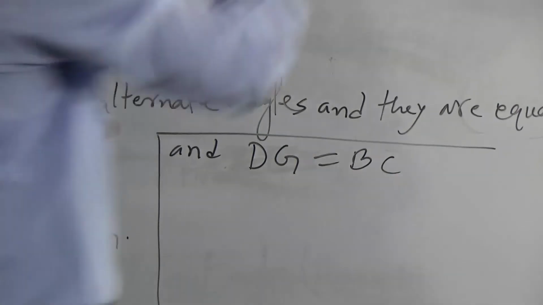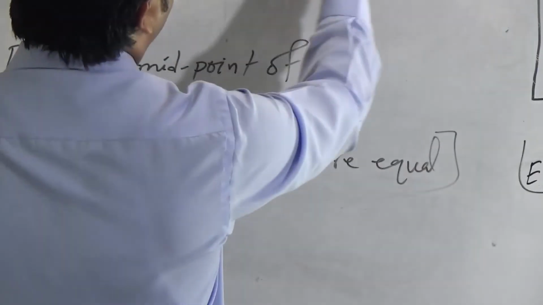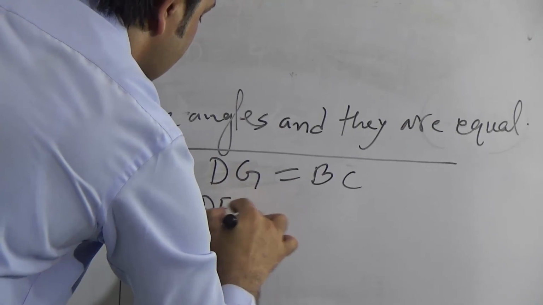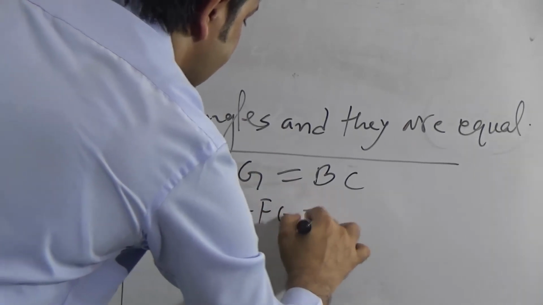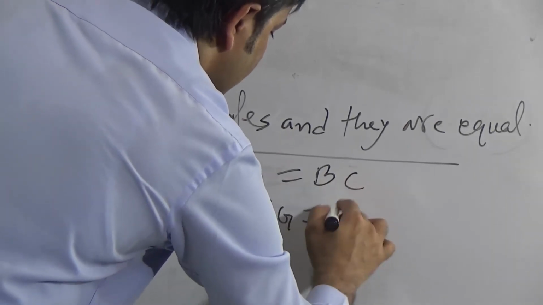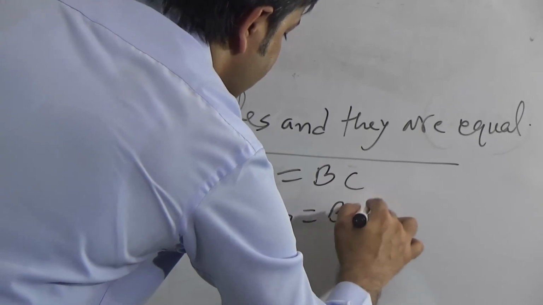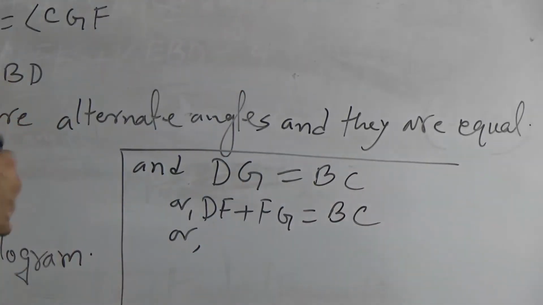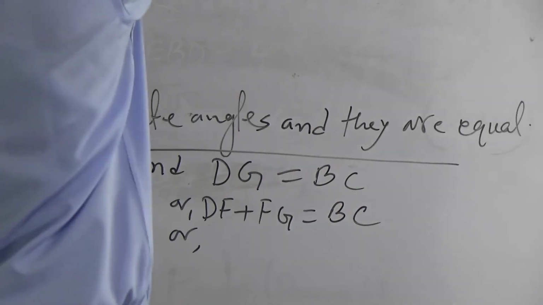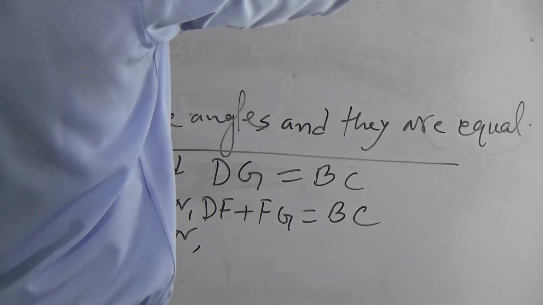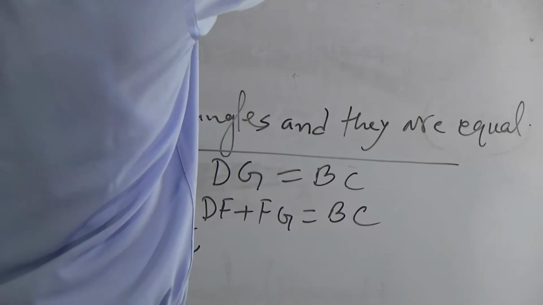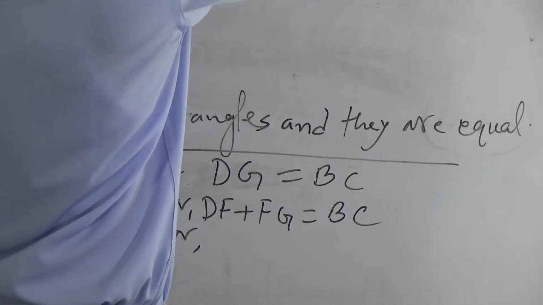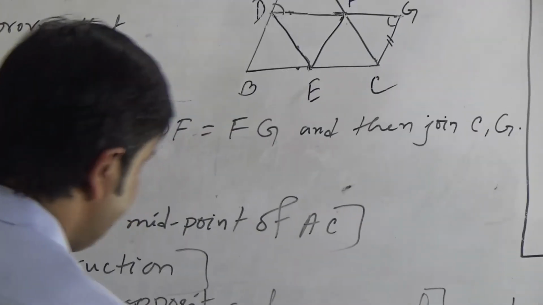Now DG means DF plus FG. DF plus FG is equal to BC. According to our construction, we know DF and FG are equal.